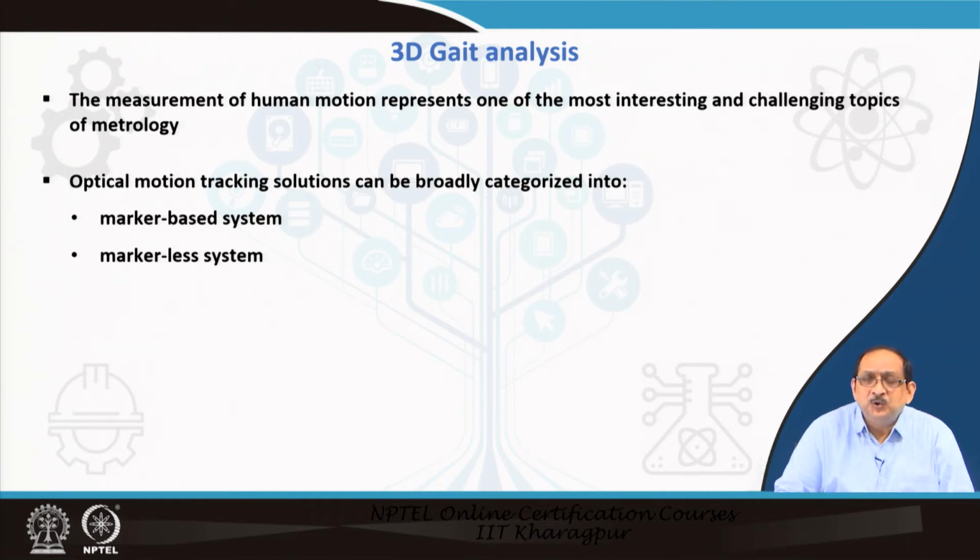Measurement of human motion represents one of the most interesting but challenging topics of metrology. The optical motion tracking solutions can be broadly categorized into marker based systems and marker less systems.